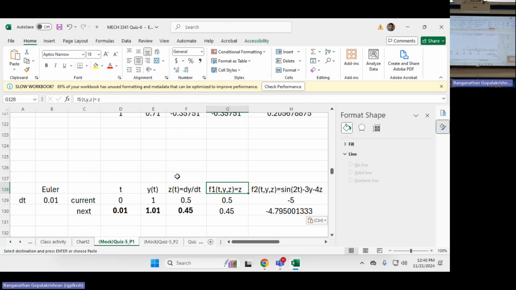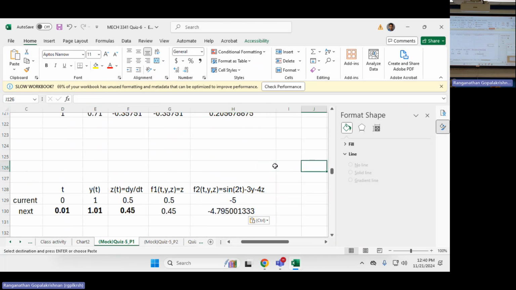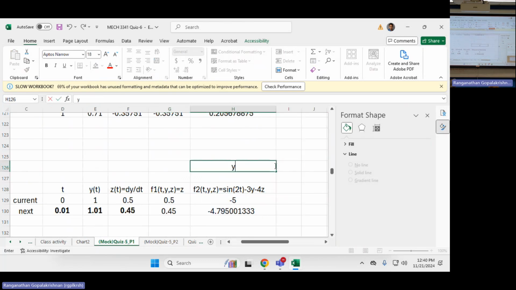Over here for reference, let's write down what is y of t and z of t. Y of t plus dt equals y of t plus dt divided by 2 times k1y plus k2y.